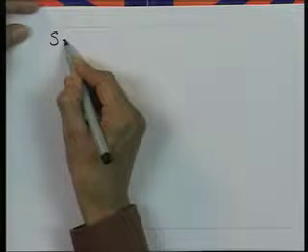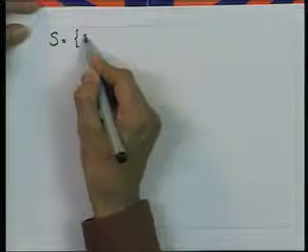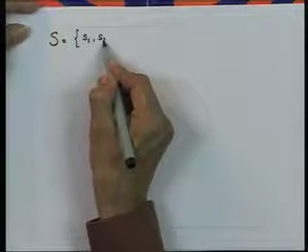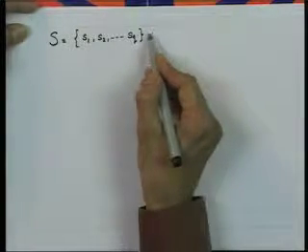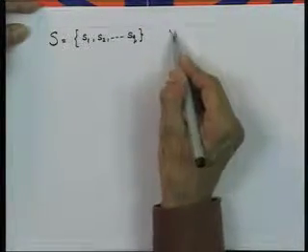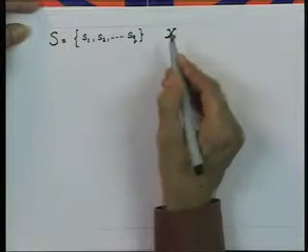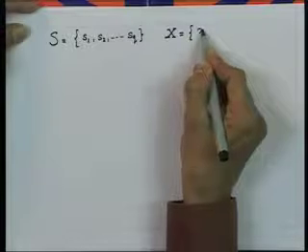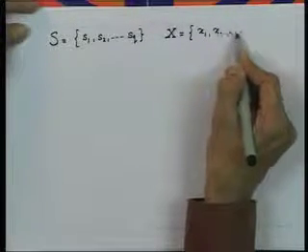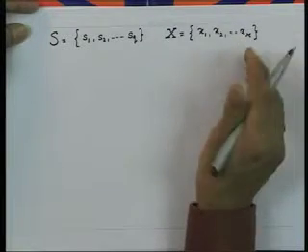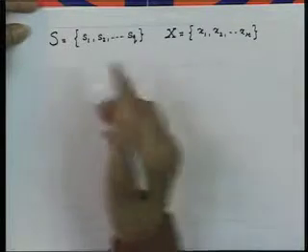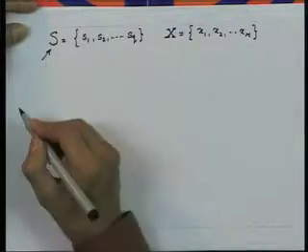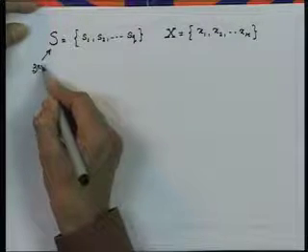So, let me assume that I have a source S with source symbols given as S1, S2 up to SQ, and this is the block code with a code alphabet X1, X2 up to XR. So, we have an R-ary code alphabet, and for the time being let us assume that this source is a zero memory source.